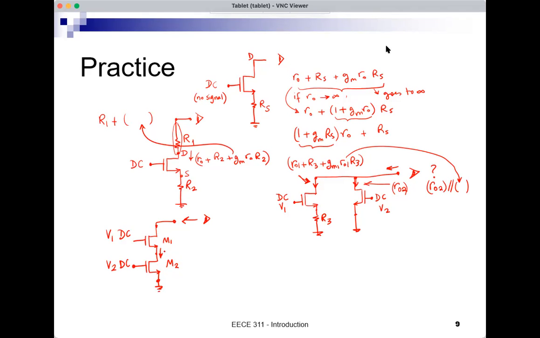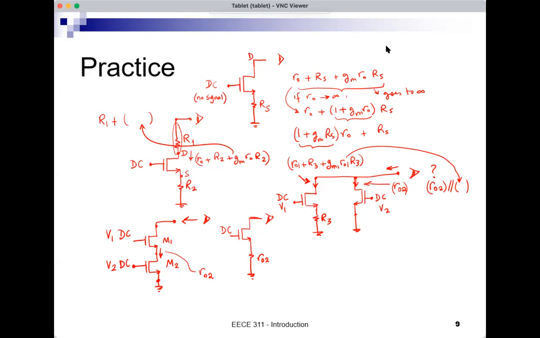What I will see is small ro2. So in my signal analysis, what I have is equivalent to having M1 with a DC at its gate and an ro2 between the source of M1 and ground.